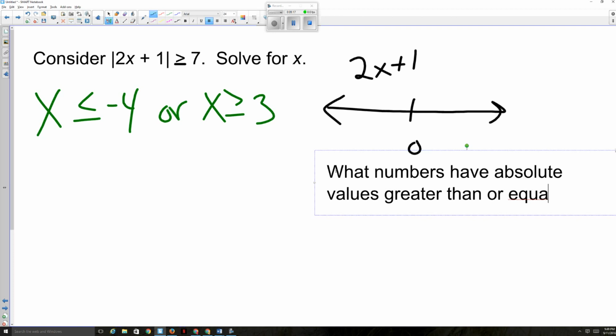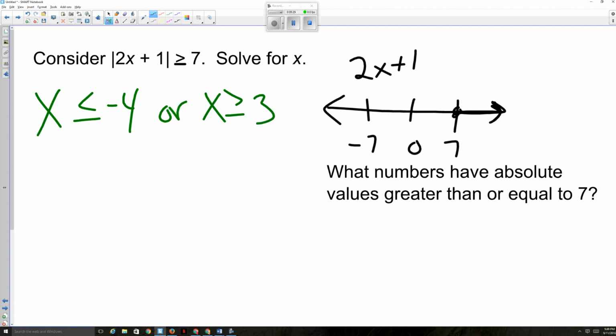Or equal to, I should say. Okay. Well, I'm going to put 7 here, and I'm going to put negative 7. Well, that should be these values here, and it should be these values here. Those numbers have absolute values greater than 7. So 2x plus 1 is here, but it also is here.